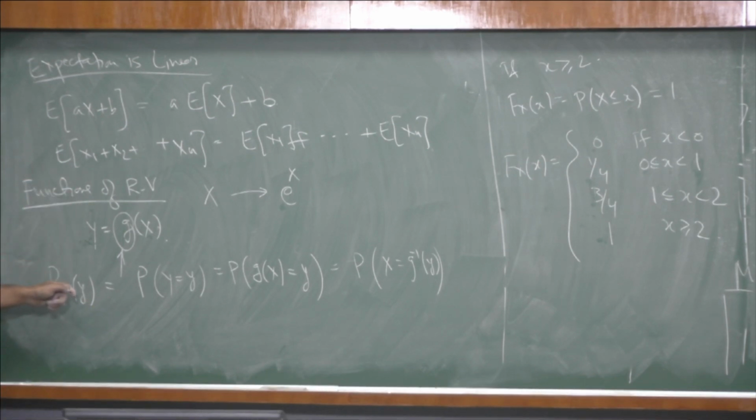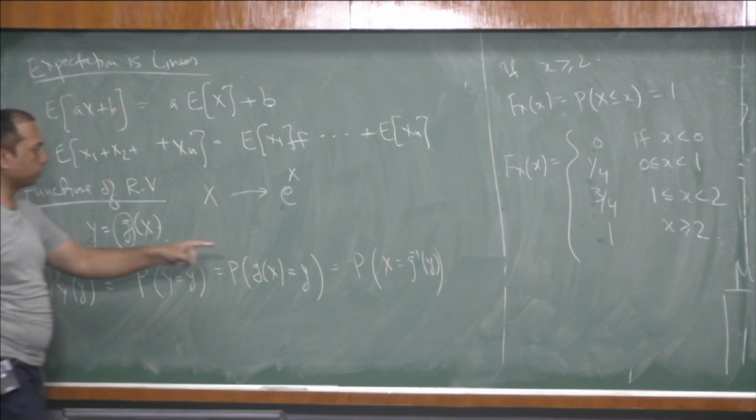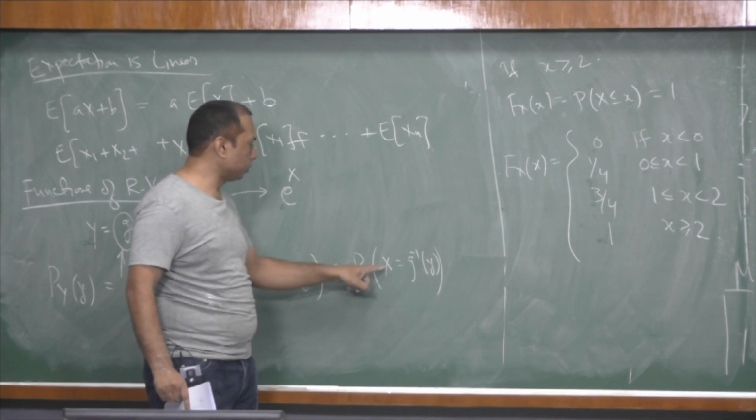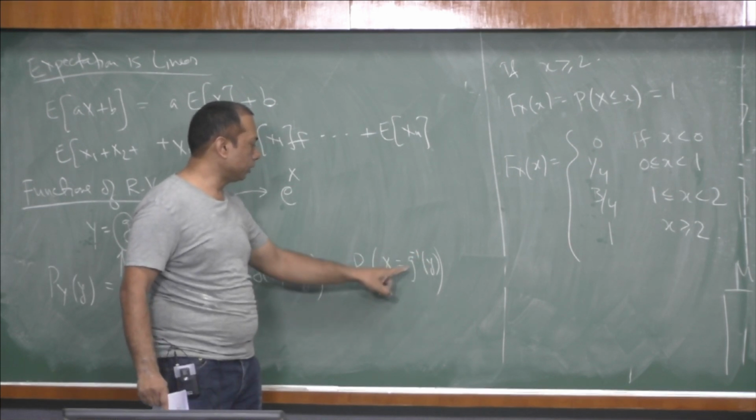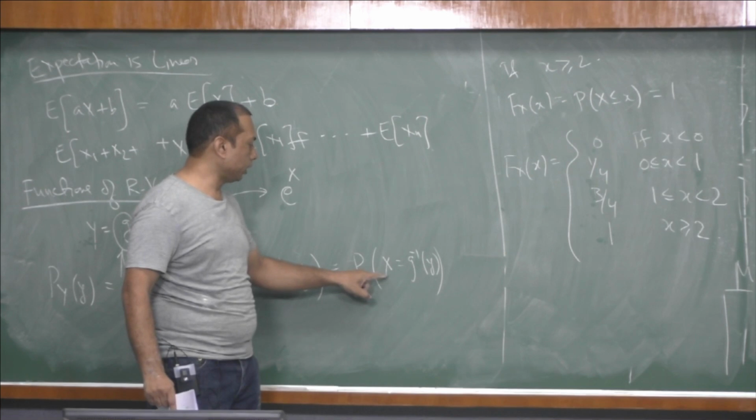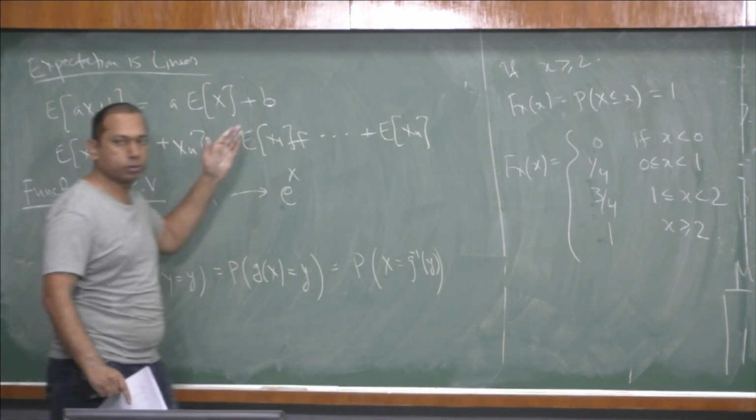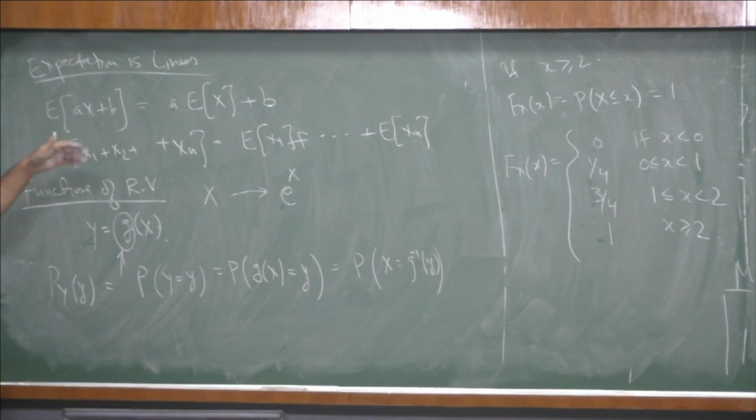Given some y, let us say 1, I will do g inverse 1, and whatever value comes out, I will check x equals to that, and then go back to the x distribution PMF, read out the values from there and put the probability values right there.